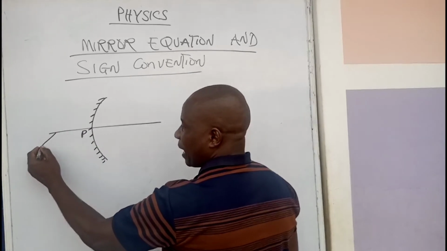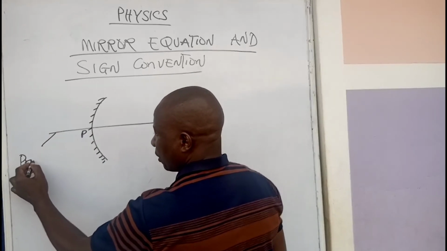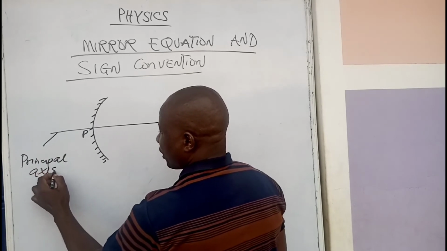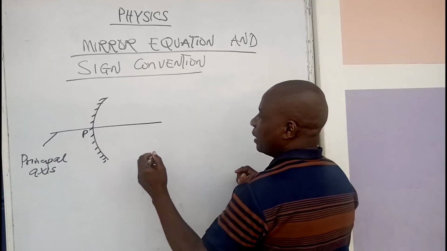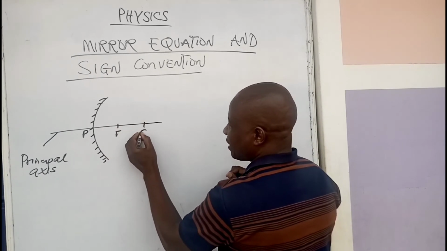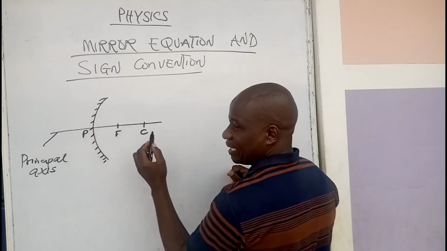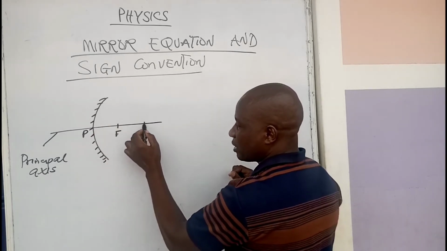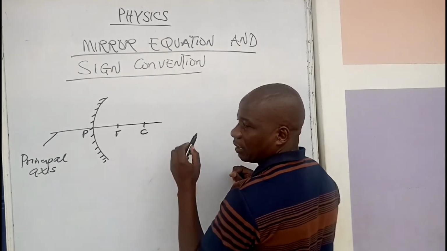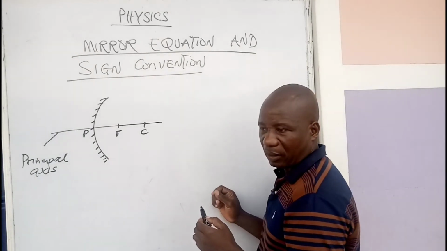This is our principal axis, and I told you it's an imaginary line. Here we have our F, and here we have our C. If the distance from the pole to F is 10, then from F to C is also 10, because F is half of this R.